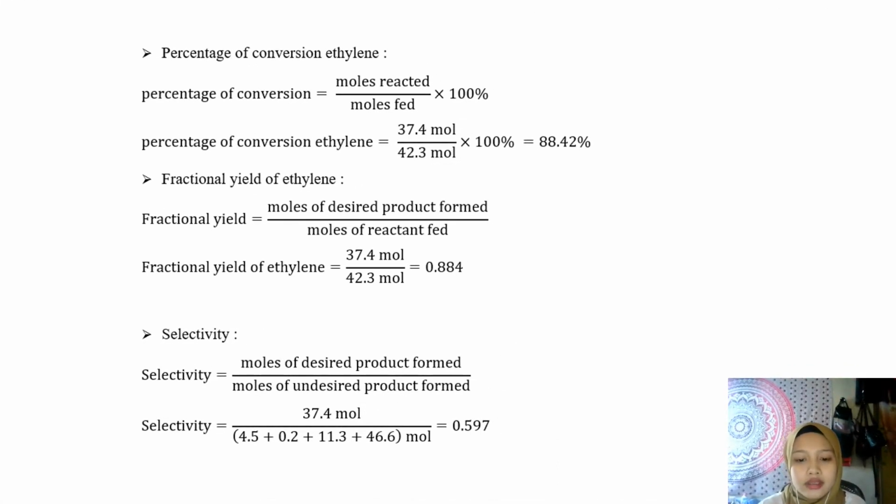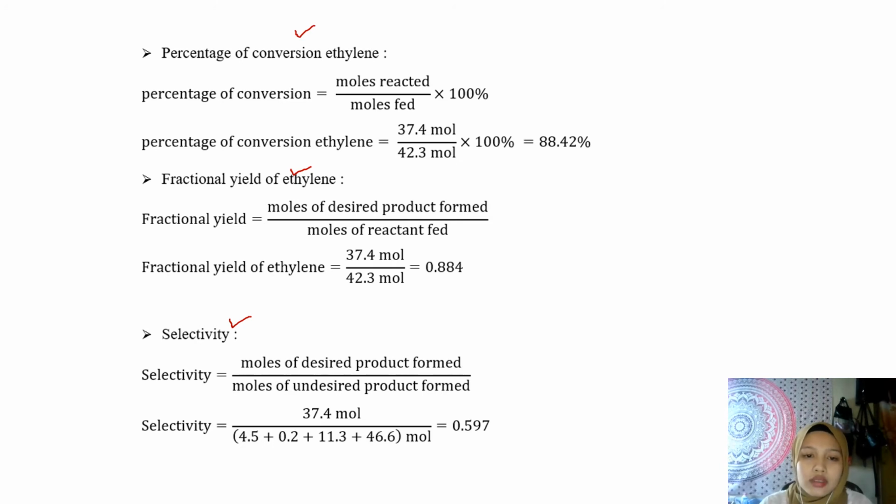The question also asks us to find the percentage of conversion of ethylene, the fractional yield of ethylene, and also the selectivity. Firstly, to find the percentage of conversion, we know the formula is mole reacted divided by mole feed multiplied by 100%.